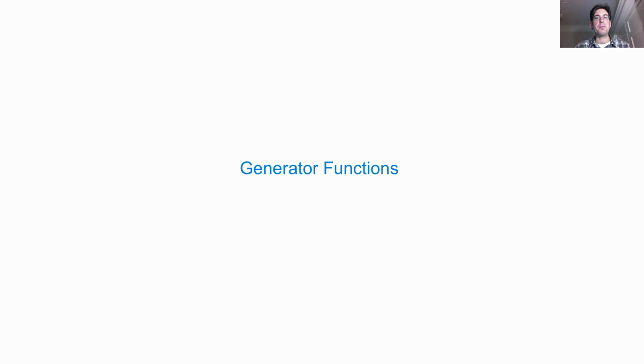There's a deep relationship between functions and iterators, and that is captured in Python by what are called generator functions. As a function gets evaluated, its body is executed and different values are created along the way.